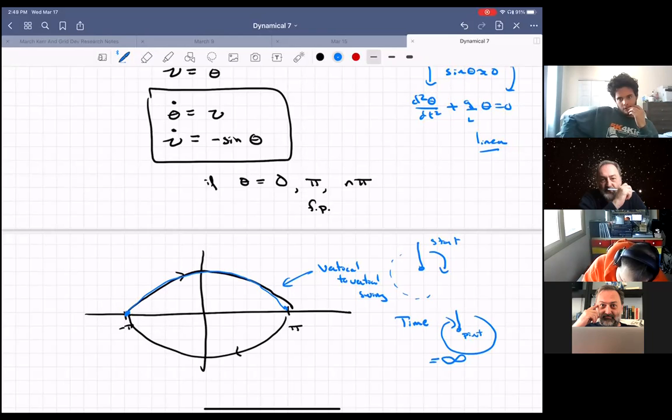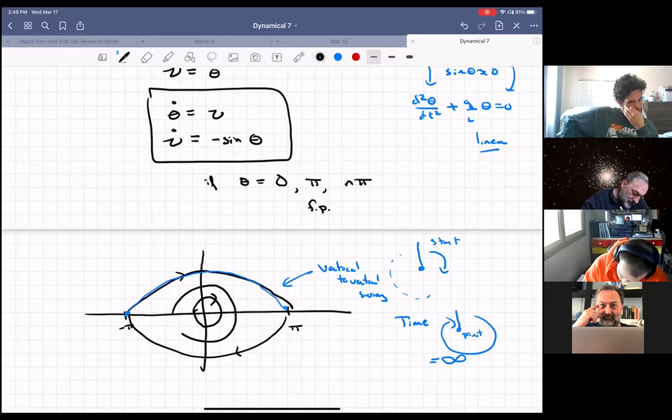You can compute and show that it takes an infinite amount of time. Or you can go the other way. If you have any amount of energy less than that, we have trajectories that look like these.